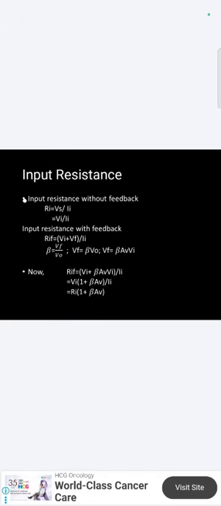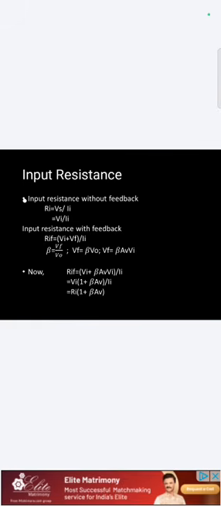Next, the input resistance with feedback. How will you find that? We will represent the input resistance with feedback as RIF. RIF is equal to, what is Vs now? The Vs consists of input as well as feedback, so Vi plus Vf divided by Ii. Beta is equal to Vf divided by V naught.